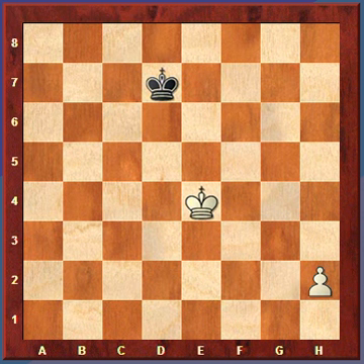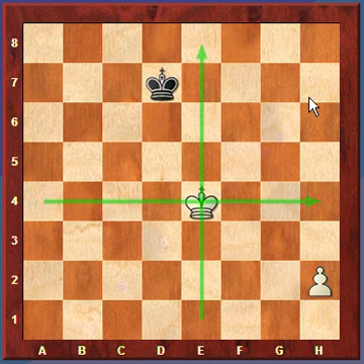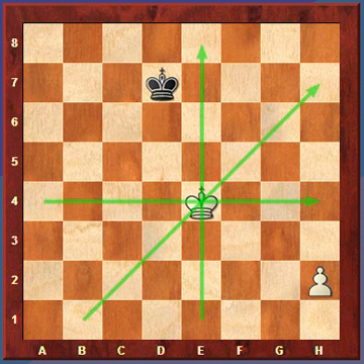Well, here in this position, it's white to move, and let's just say white wants to get the opposition. Getting the opposition is just when the kings are on the same file, which is this way, or the same rank, or even the same diagonal, let's say just this diagonal, and there's an odd number of squares between them, so 1, 3, 5, etc. So anytime same rank, file, or diagonal.